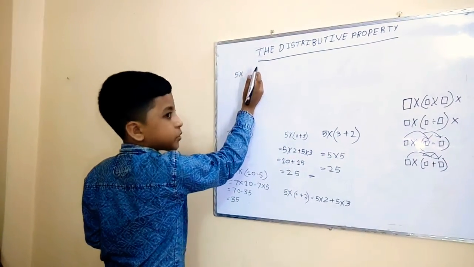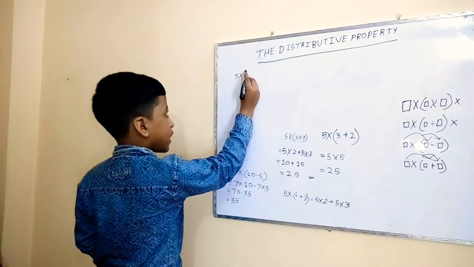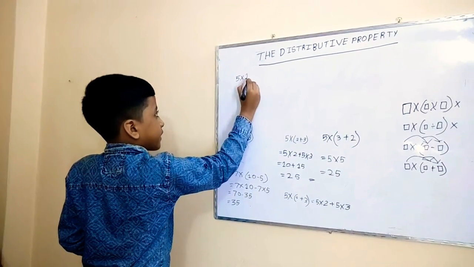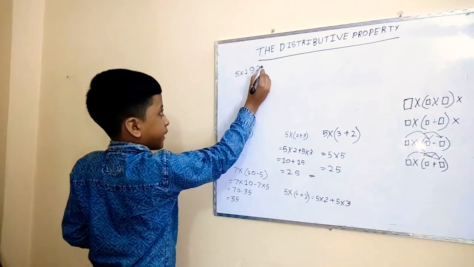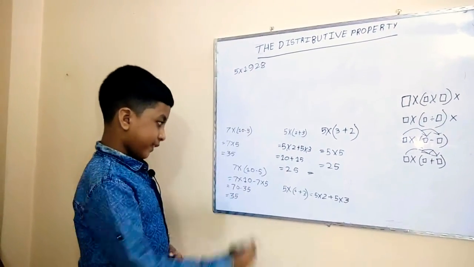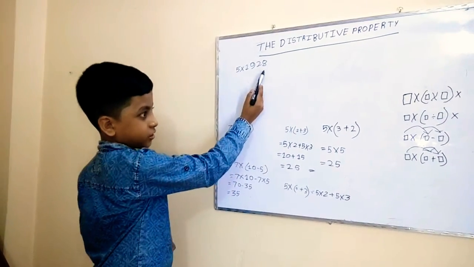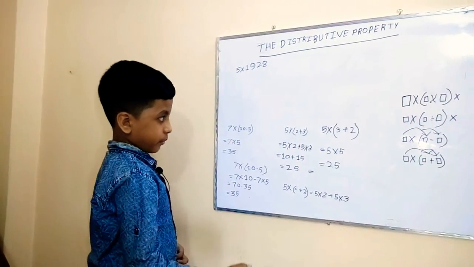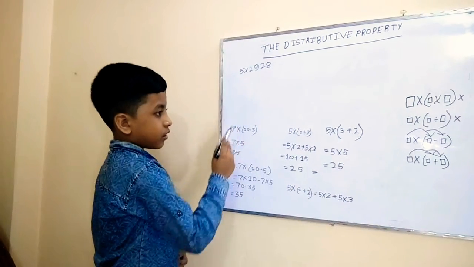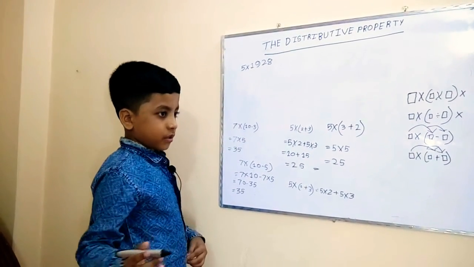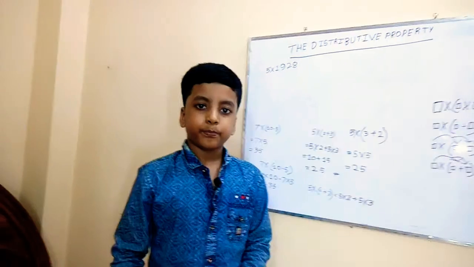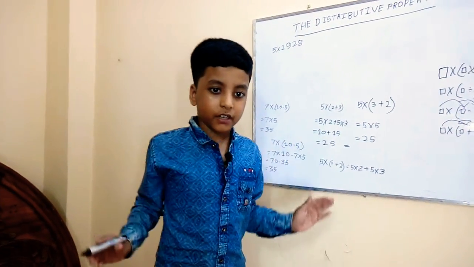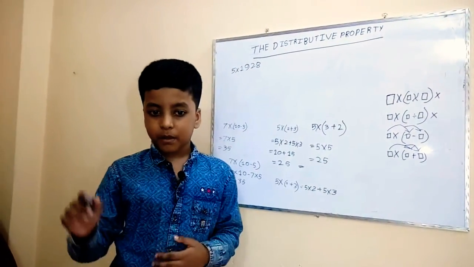And let's do this example. 5 times 1928. Knowing this can be really handy in multi-digit multiplication. You can break up the multi-digit factor into a group sum, like expanded form, and distribute the other factor to each member in that group.